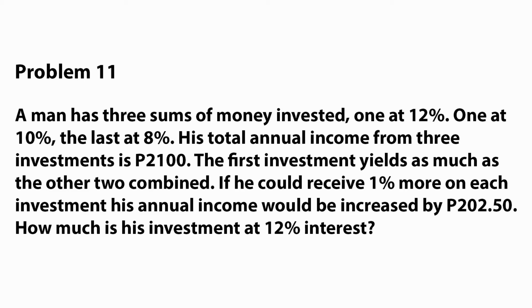The first investment yields as much as the other two combined. If he could receive 1% more on each investment, his annual income would be increased by 202.50. How much is his investment at 12%?